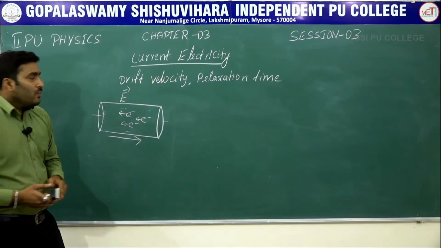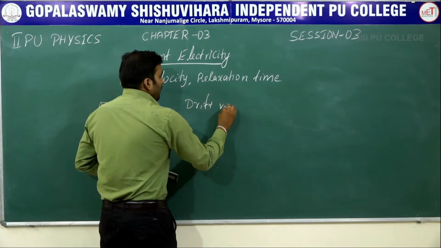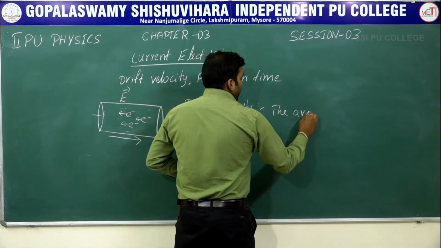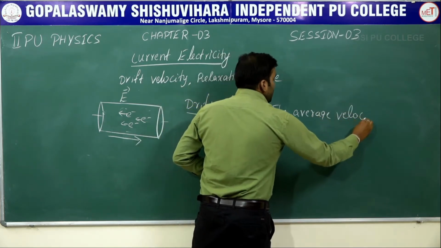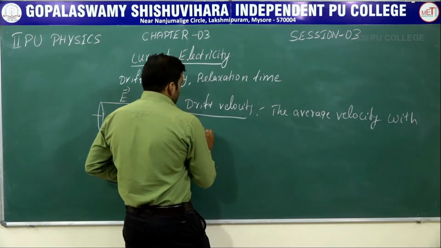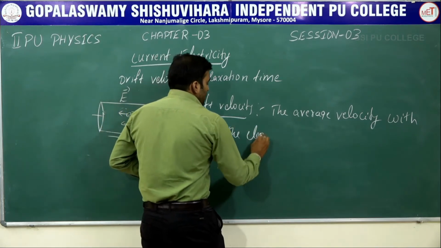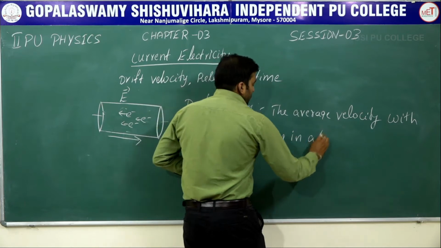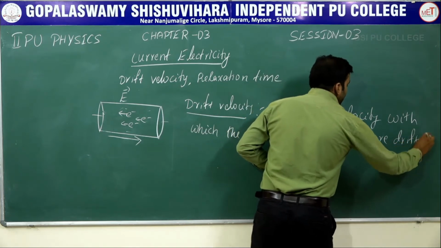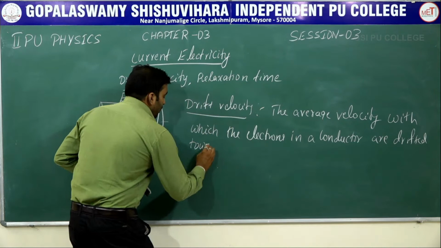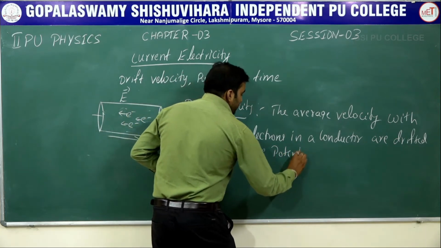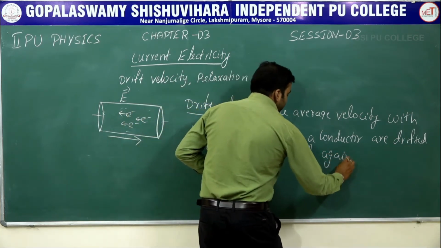So let us define drift velocity now. Drift velocity is the average velocity with which the electrons in a conductor are drifted towards the positive potential against the electric field.